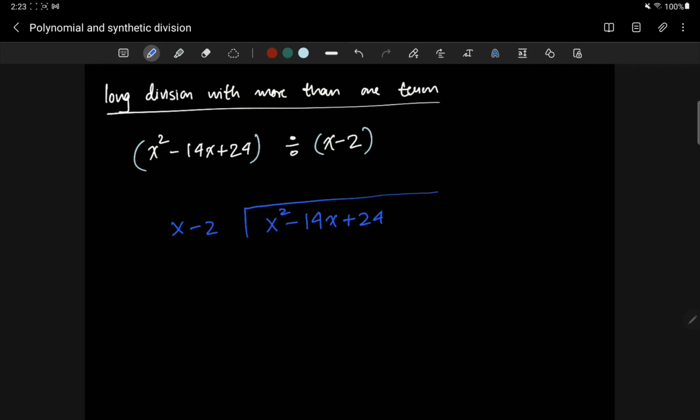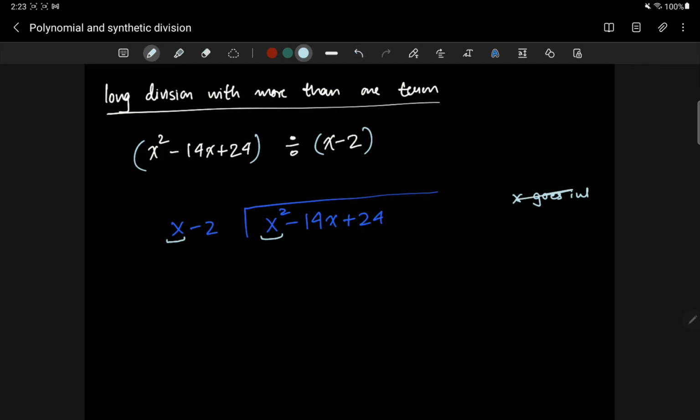The only difference here is in numbers we just had one term to worry about, but now we've got two. So we're going to deal with them one at a time. I'm going to look at the highest power of x and the highest power of x, and see how many times x goes into x squared.